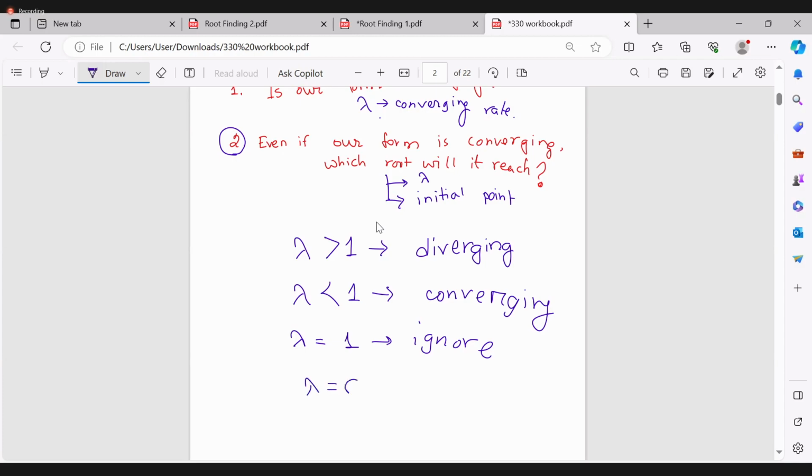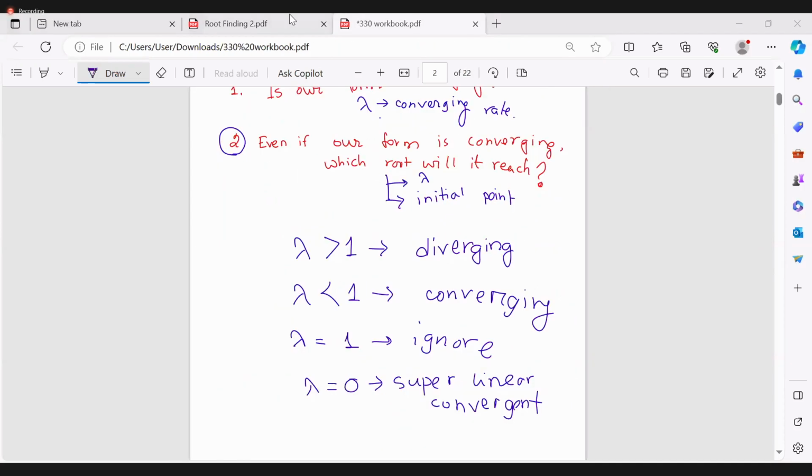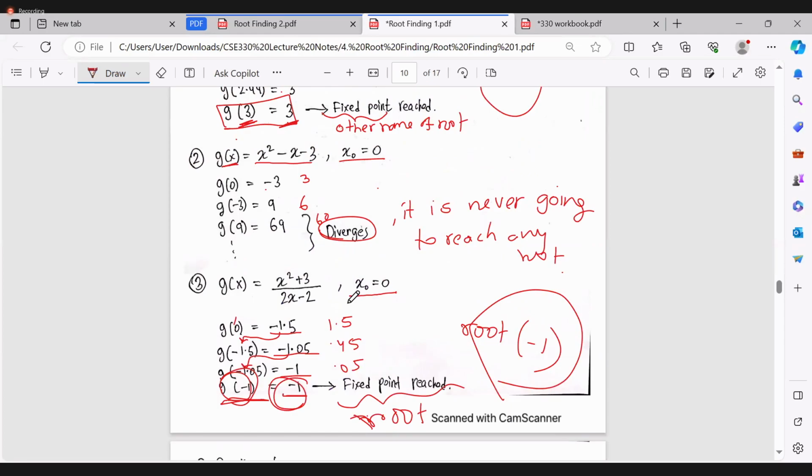And if your lambda is 0, that means it is super linear convergence. So what is super linear convergence? The idea super means that it's very fast. Let's see this form of ours, this root finding fixed point iteration's third form, it is reaching the root very quickly. It has reached the root really quick, like after 3-4 iterations.